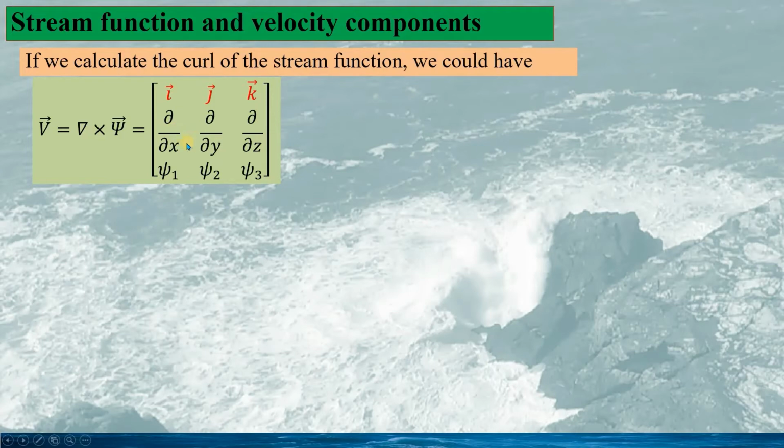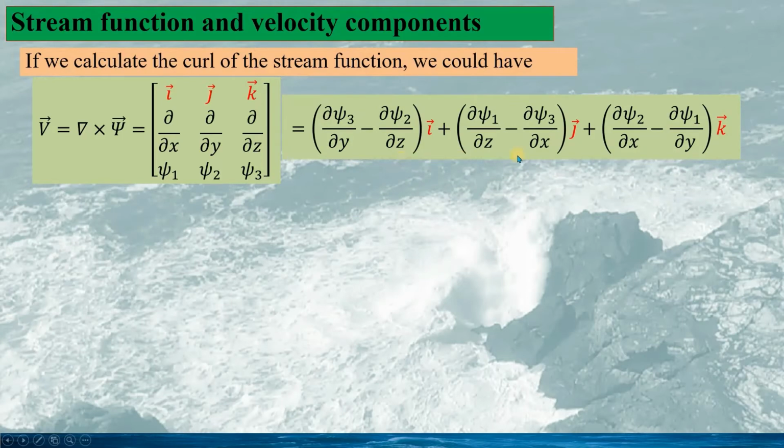And the partial differentiation with regard to x, with regard to y, and with regard to z. And the three stream function components, psi 1, psi 2, and psi 3. It is calculated as this in details. Three components along x-axis, this part, along y-axis, this part, and along z-axis, this part.